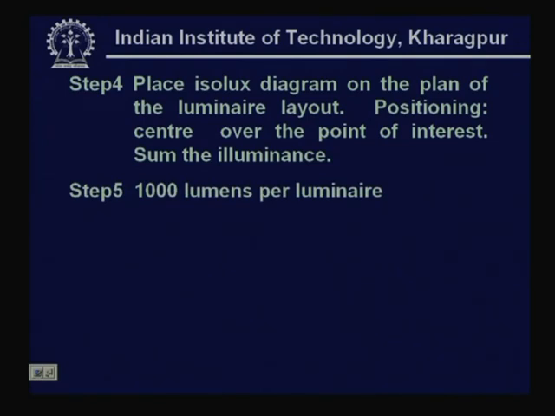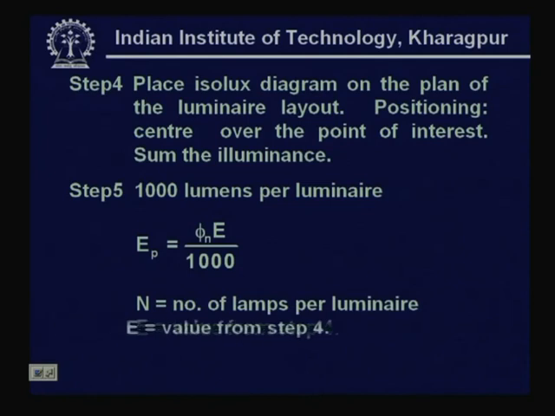Oftentimes these are given in terms of 1000 lumens per luminaire. Then one works out by summing the total illuminance, and then, knowing the number of them and the light flux output, the lumen output, which is given in the tables, you get the result.